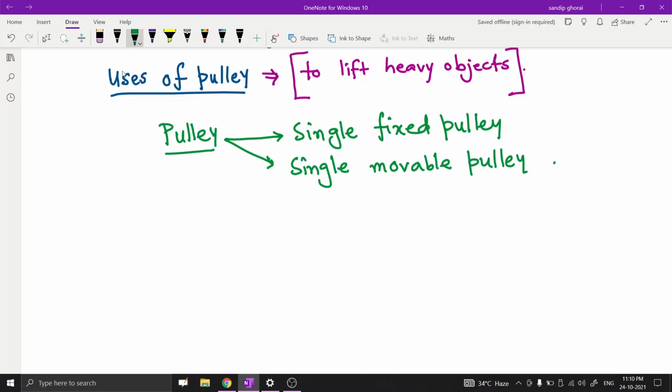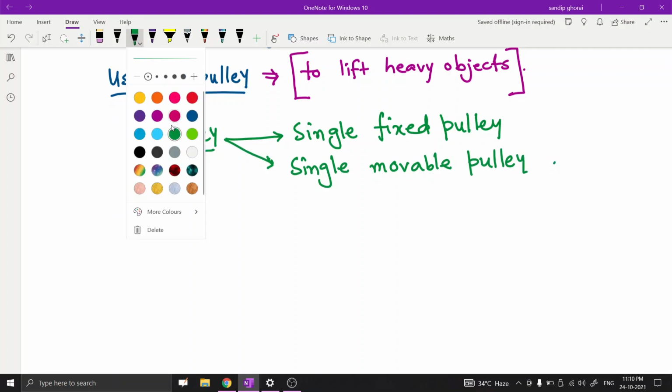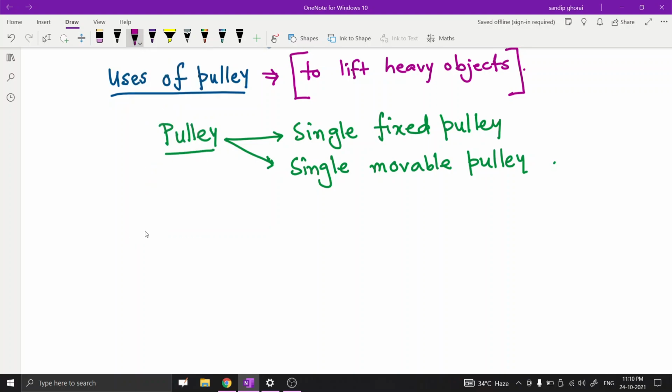Now we have to know what is a single fixed pulley, and what are the uses of a single fixed pulley.